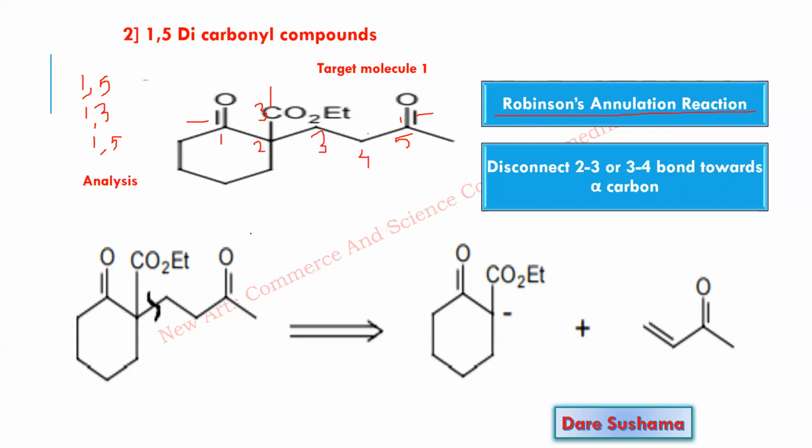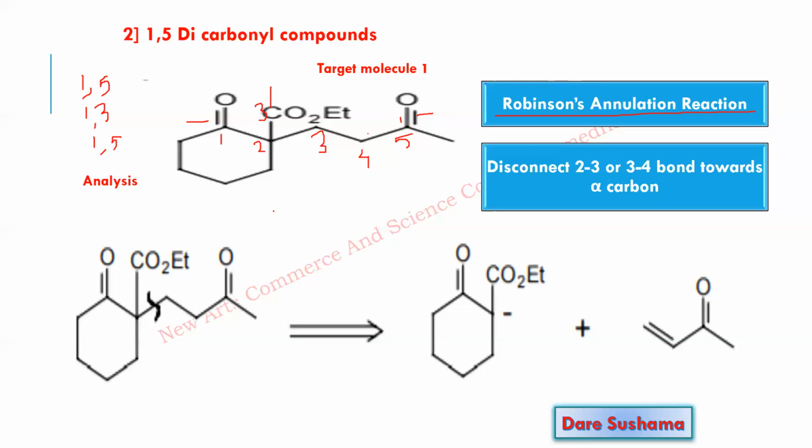What is the Robinson annulation reaction? It is the combination of aldol reaction and 1,4-Michael addition reaction. So if you are thinking about the reverse of this, you should end up with the Michael addition reaction and aldol reaction.